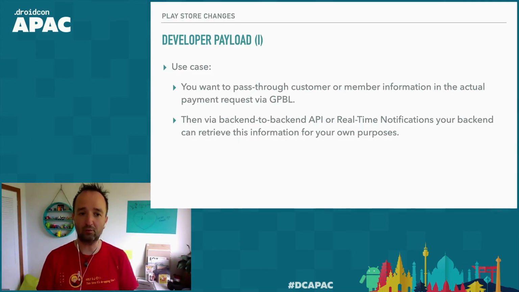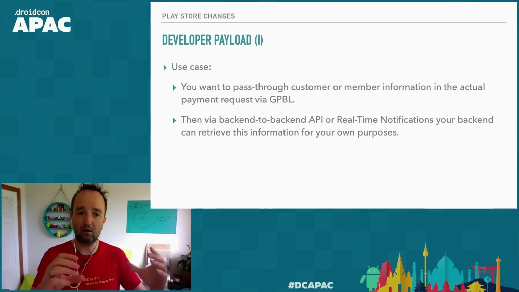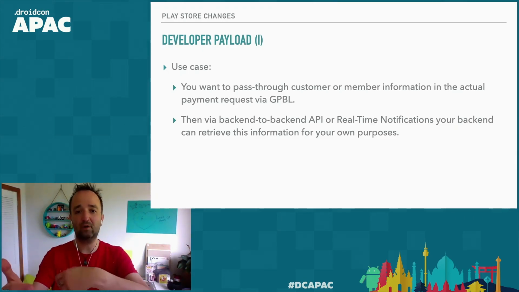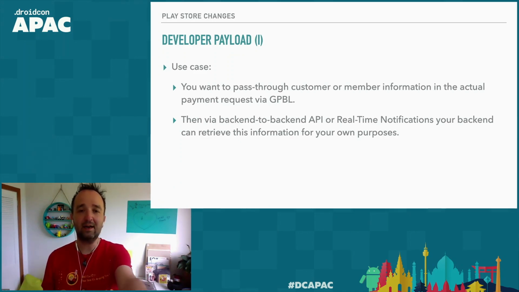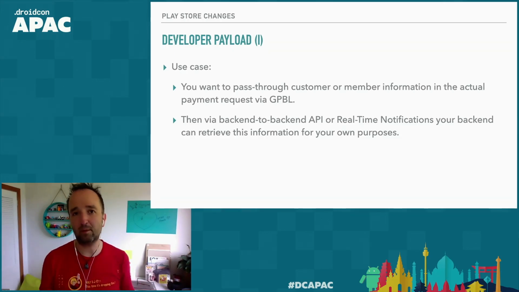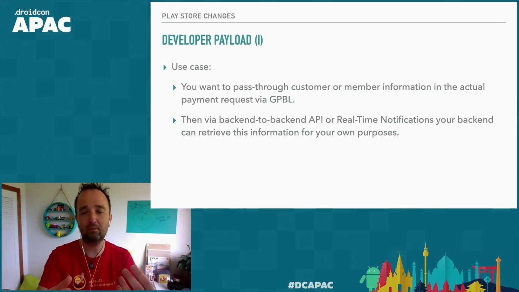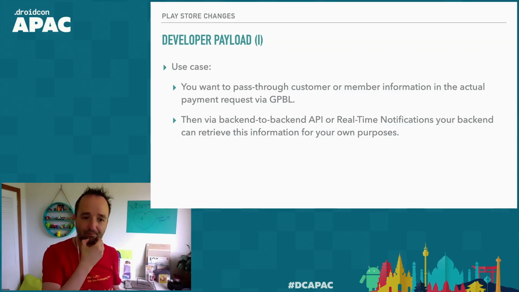The workaround without developer payload would be to say, all right, the user purchases a subscription, I get acknowledgement from Google that that was successful, and then I actively send an HTTP call to my own backend from the app to transmit the member information and merge member information and the purchase token and the purchase setup coming back from Google.